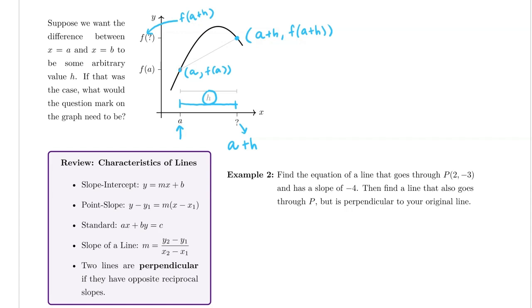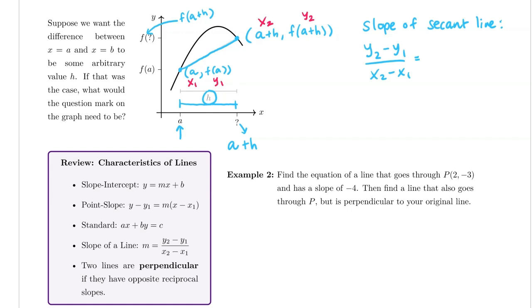So now, if I connected those 2 points and I wanted to find the slope of that line segment or that secant line, it would be y2 minus y1 over x2 minus x1, and I can label these. I'll call this one y2, y1, this would be x1, and this would be x2.